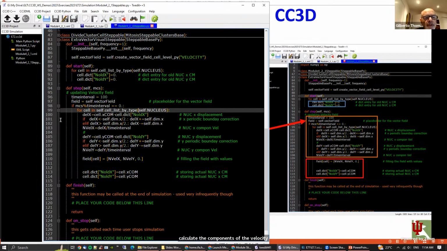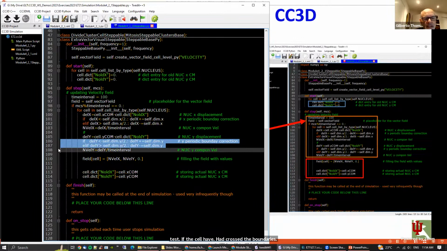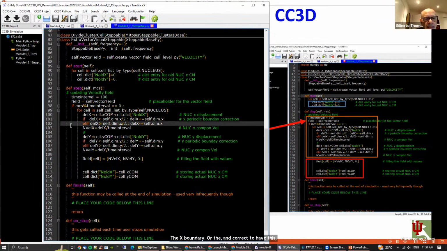Remember, we also have to include that part where we test if the cell has crossed the boundaries, the x boundary or the y boundary, and correct to have the right amount. Then we calculate the components this way.